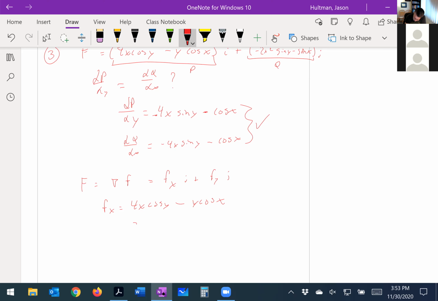So this is going to be 2x squared cosine y minus y sine x, right? Plus some c of y, some constant with respect to y, plus k.